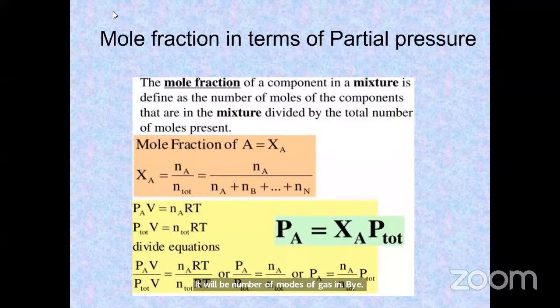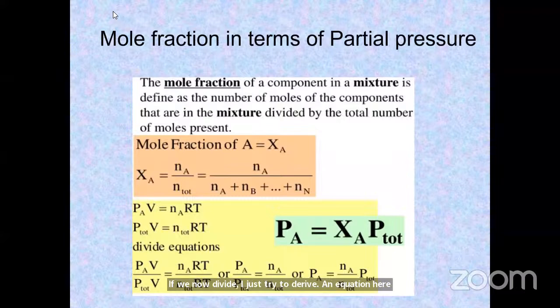Okay. And we already know from the previous slide that our PAV equals NART. That's the ideal gas equation. So it means that our P total V will also be the same as N total multiplied by RT. We are just trying to derive an equation here, which we shall see.